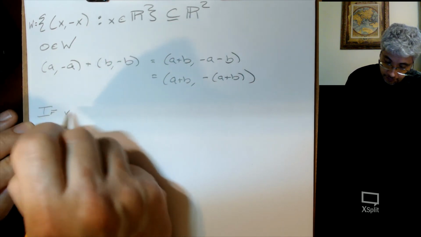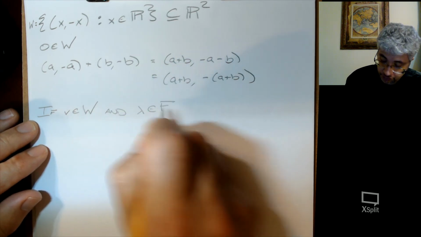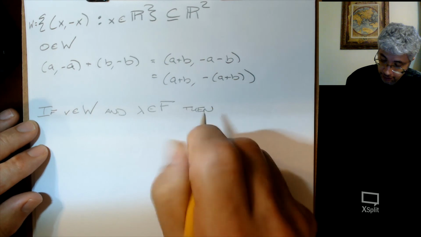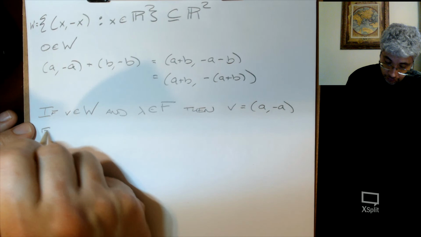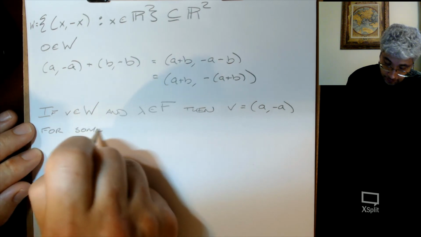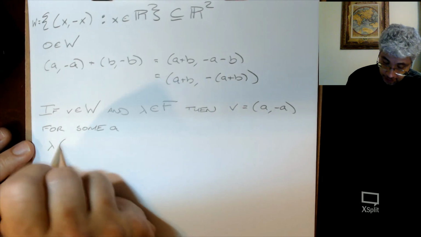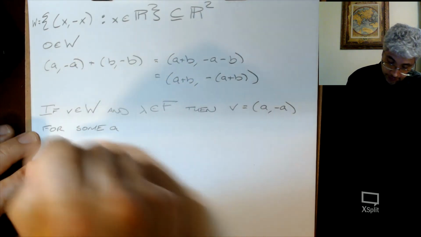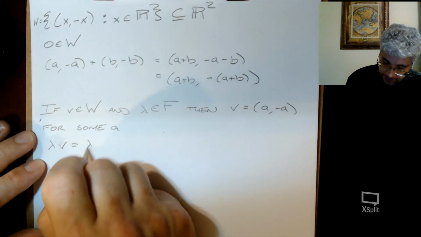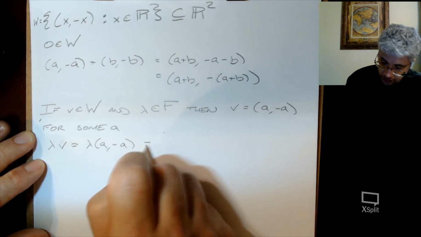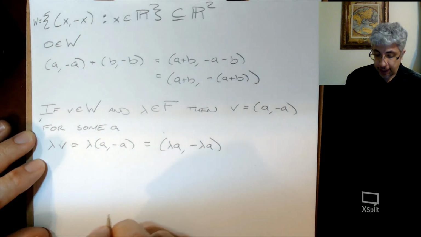If v is in W and lambda is in the field, then we know v has to be equal to (A, minus A) for some A. And then what do I know? Well, lambda v, I gave it a special name this time, equals lambda times (A, minus A), which is (lambda A, minus lambda A).